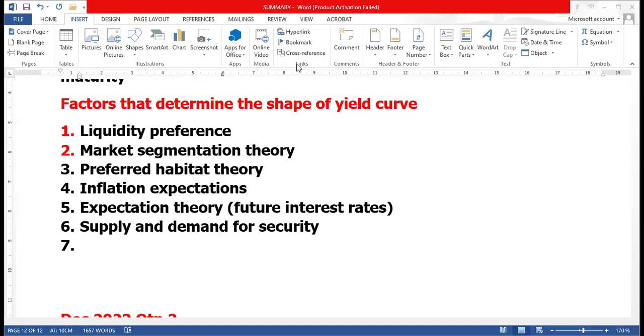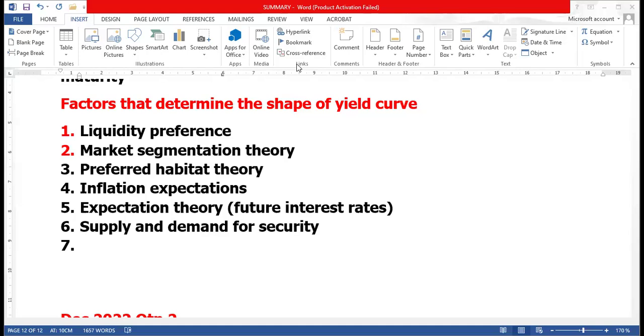So, for example, if the central bank wants to curb inflation, it is going to increase the CBR. When it increases the CBR, it would mean people will not borrow, because the banks will increase their lending rates.